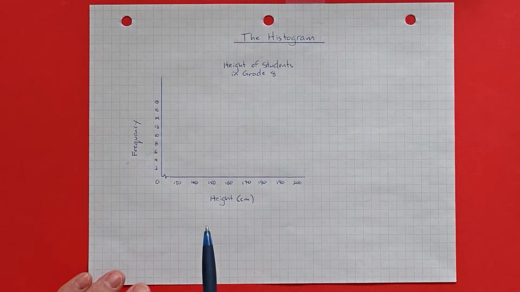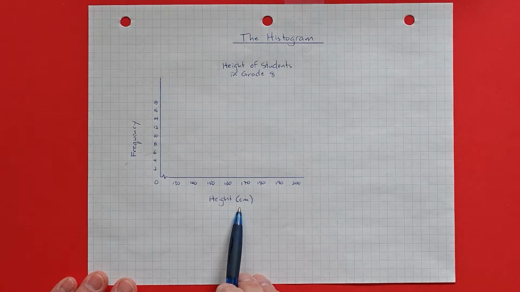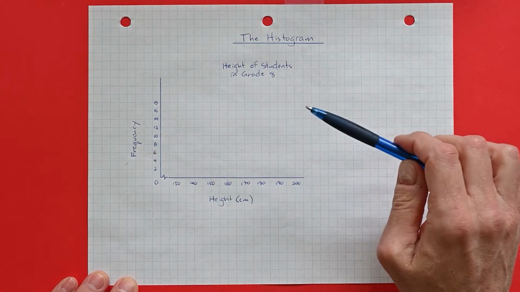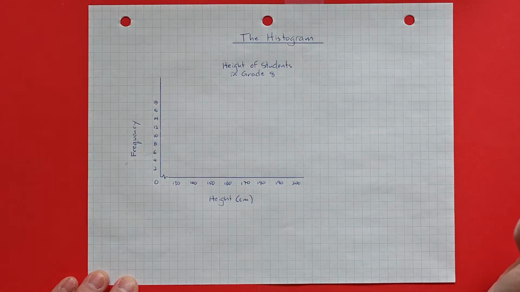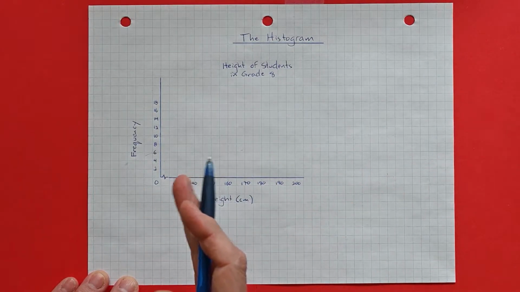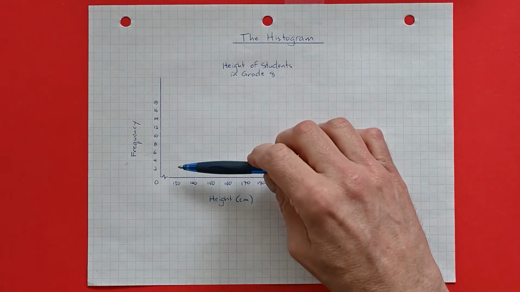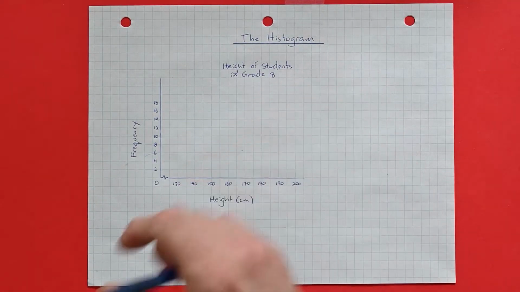You may recall that the data involved the height in centimeters of grade 8 students. This word frequency here means how many students were in each of these intervals. The first interval in the stem and leaf gave us all the values in the 130s up to and not including anything in 140. We're going to indicate how many students lie in that interval in the bar that we draw.